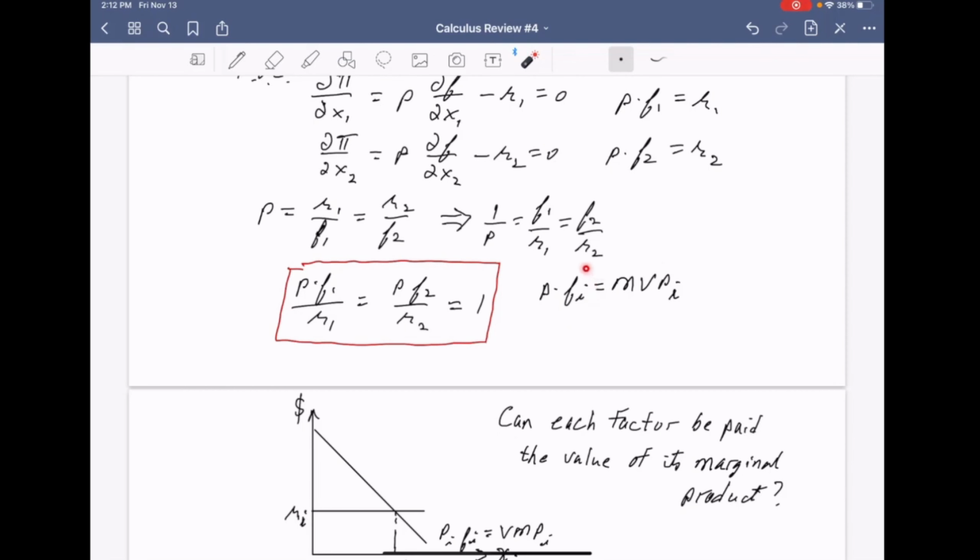Now the price times the marginal product of any input I is simply equal to the marginal value product.